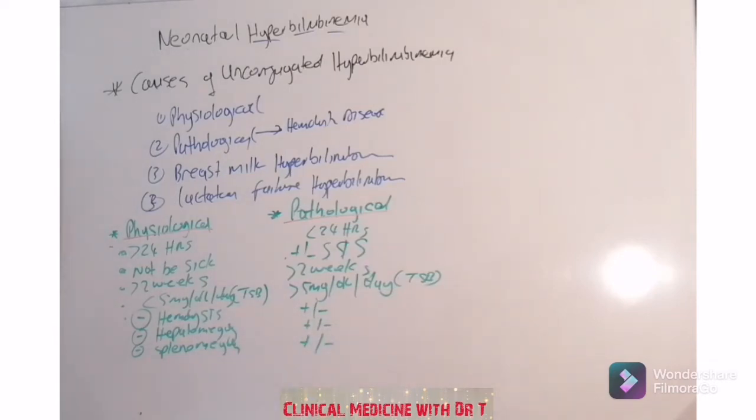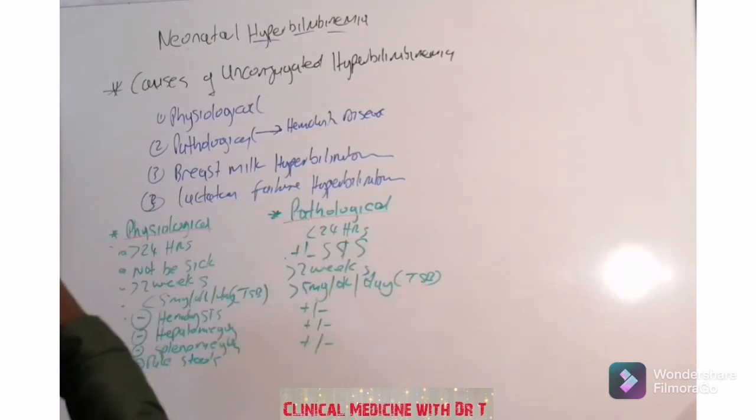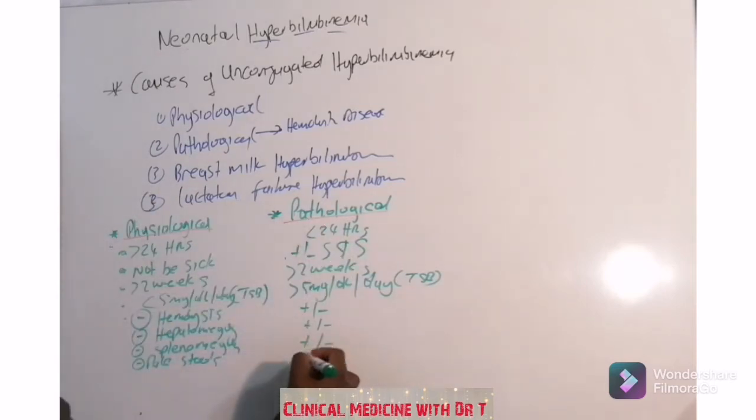So can you appreciate this, guys? You shouldn't have things like pale stools. If you've got obstructive jaundice, then you will have, depending on what is the cause. And also dark urine.